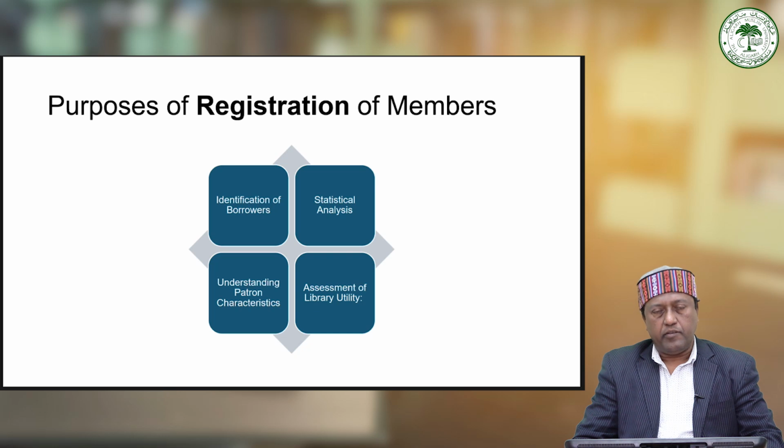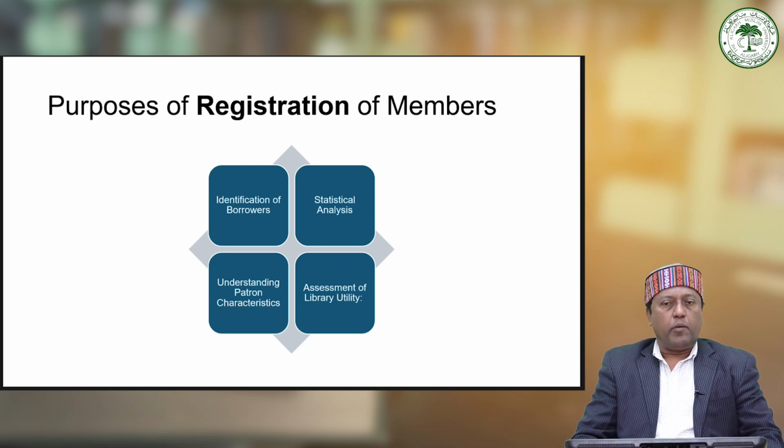So that area is dominated by literate people, or it is a place where only those who are literate are making use of the library. So all this analysis can only be done when you know the location, and this information provides insight into the demographic composition of the library's user base and informs collection development and outreach efforts to better meet the needs of diverse patron groups.